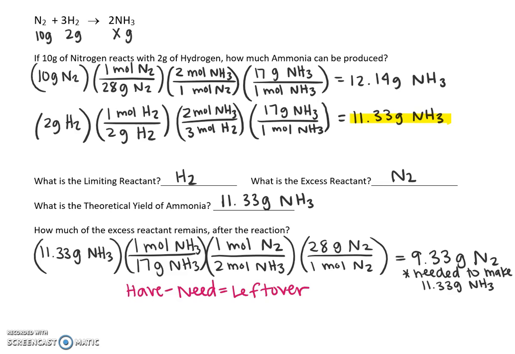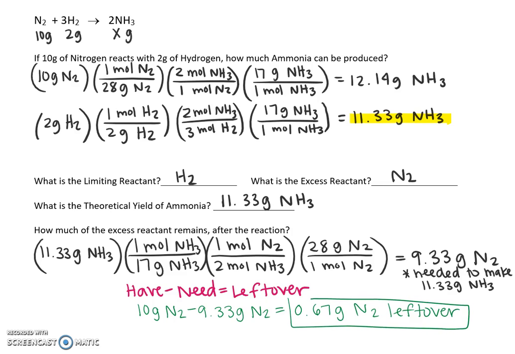In this situation, what I have is the amount of nitrogen that I started with, 10 grams of N2, minus what I need, which I calculated right here to be 9.33 grams of N2, to give me what's left over: 0.67 grams of N2 left over. That is how you calculate the amount of your excess reactant that remains after a reaction stops.